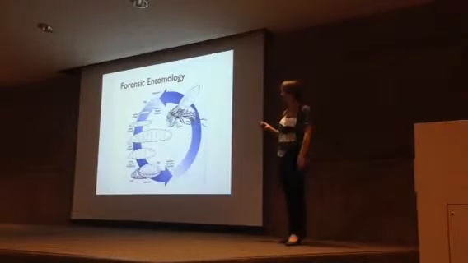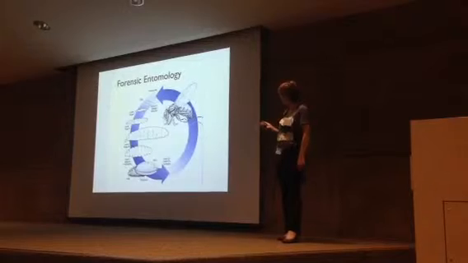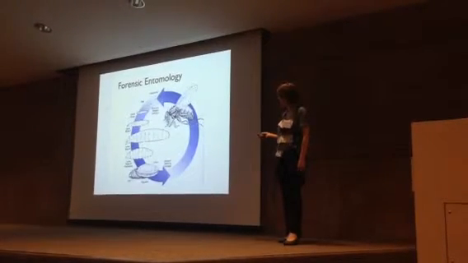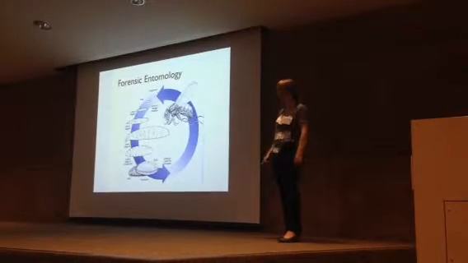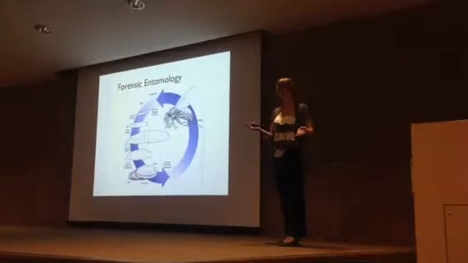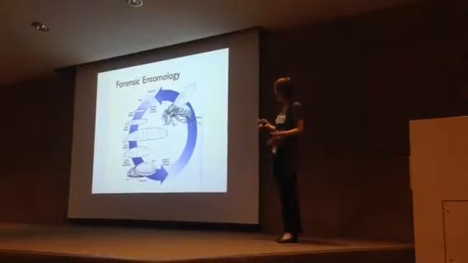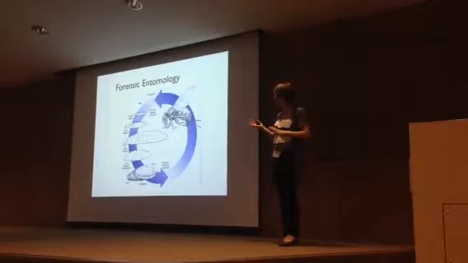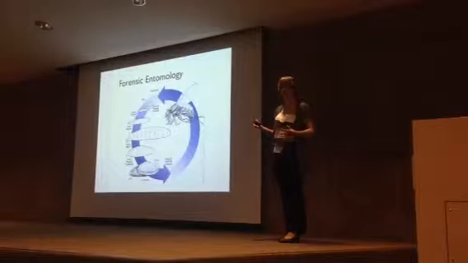So this is the blowfly life cycle. The adult blowfly will come and lay their eggs on the carrion, which is something that's dead. The egg is the most vulnerable part of the life cycle to predation.